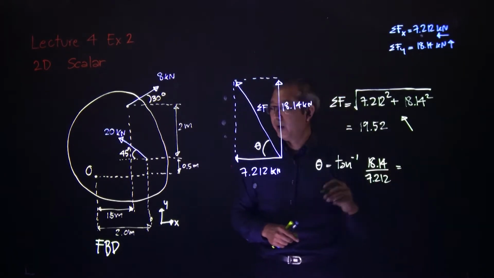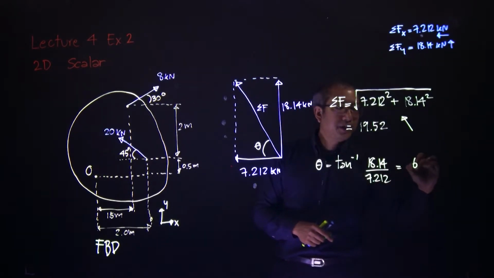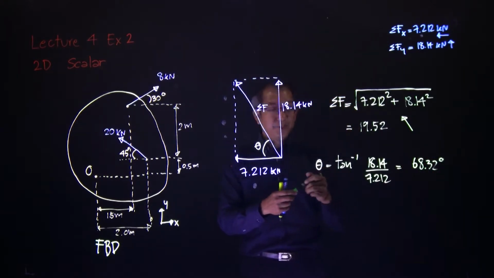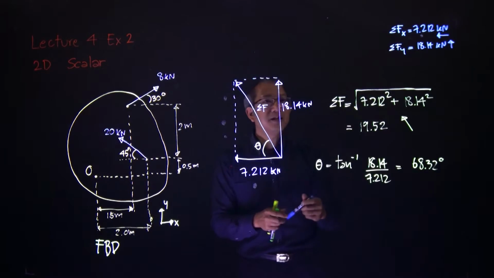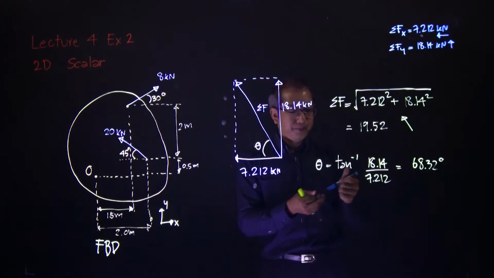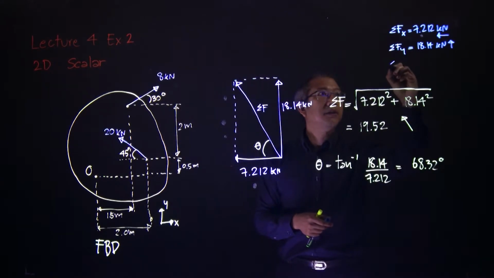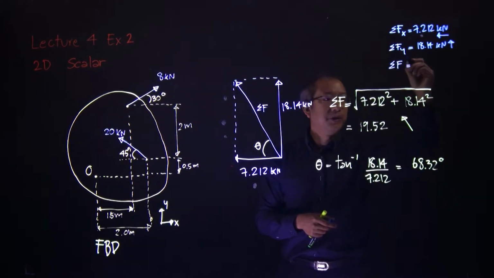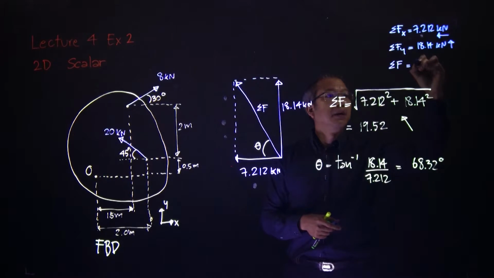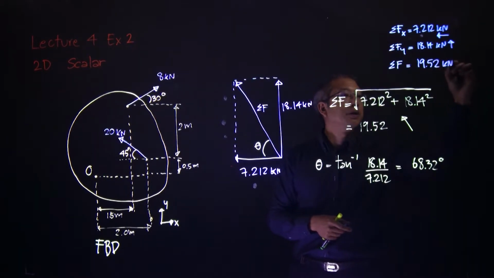Using, of course, a calculator, you should end up with 68.32 degrees, which means our first answer, the resultant force, sigma F is equal to 19.52 kilonewton.